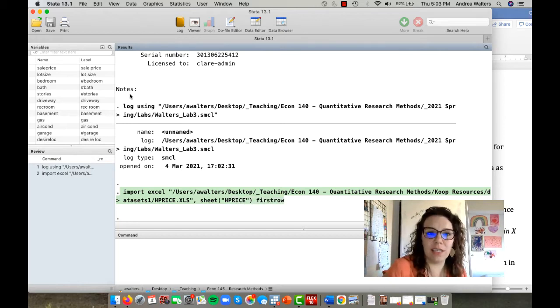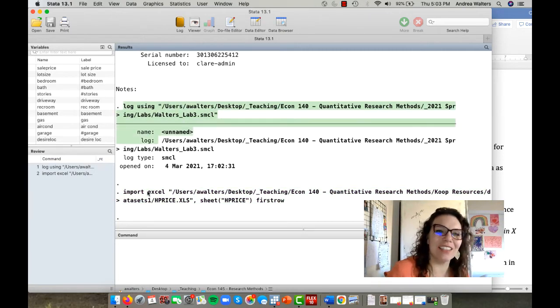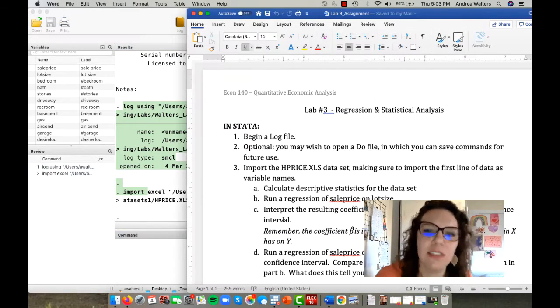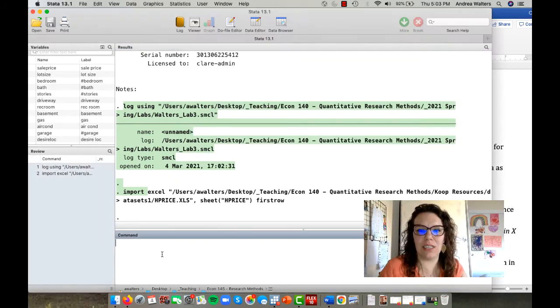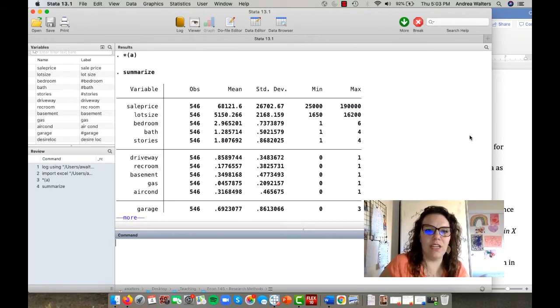In the good old days, you could actually just type these commands in, like log using, etc. I can see all my variables there. The first thing I want to do is summarize the data set. I'm going to call that, for my own notes, part A, and then summarize all of the data.